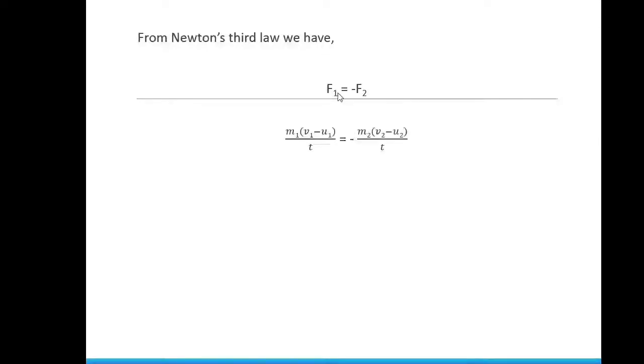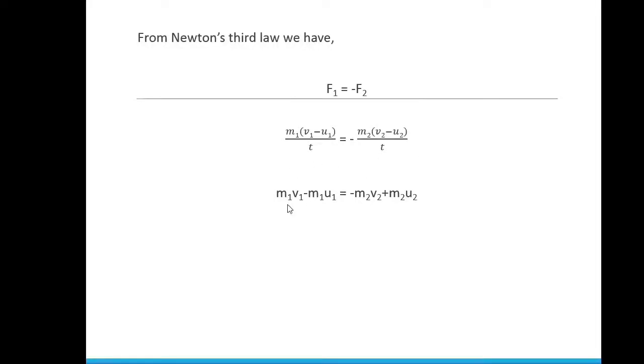So we know the expressions of F1 and F2 from our equations 1 and 2. So we get m1 (v1 minus u1) whole divided by t is equal to minus m2 (v2 minus u2) whole divided by t. So t cancels out since both are in the denominators on opposite sides of the equal sign.